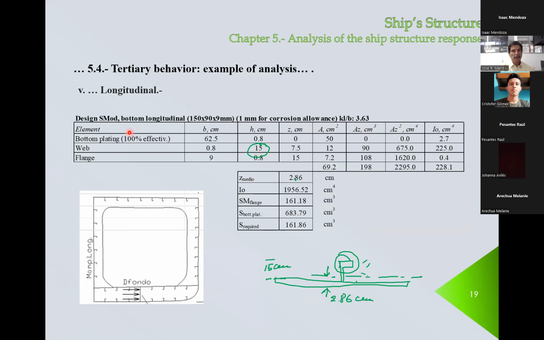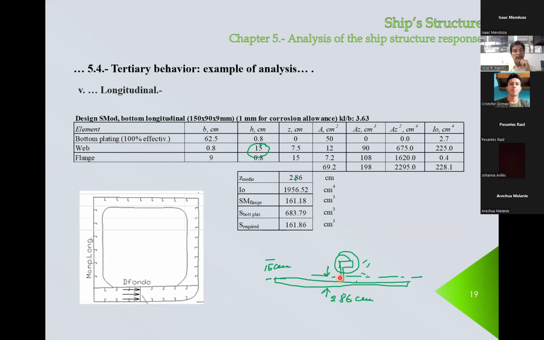We take the effective plating for the breadth, so as we see here, the complete spacing between the stiffeners is effective. We do this calculation to check the available section modulus.